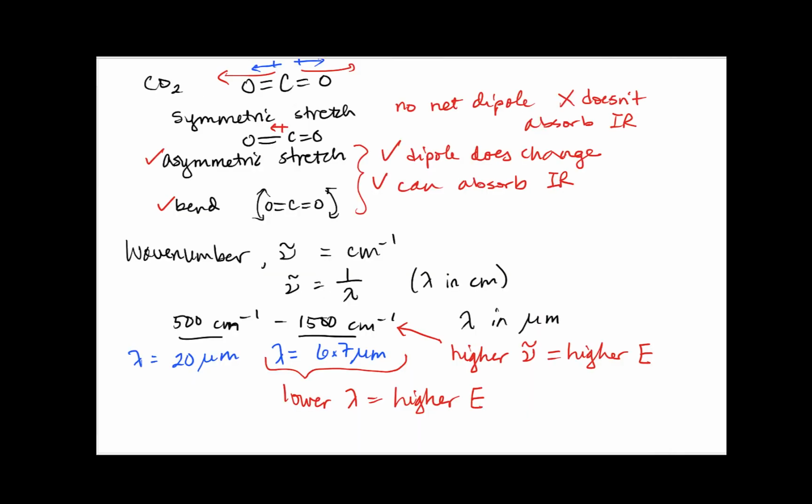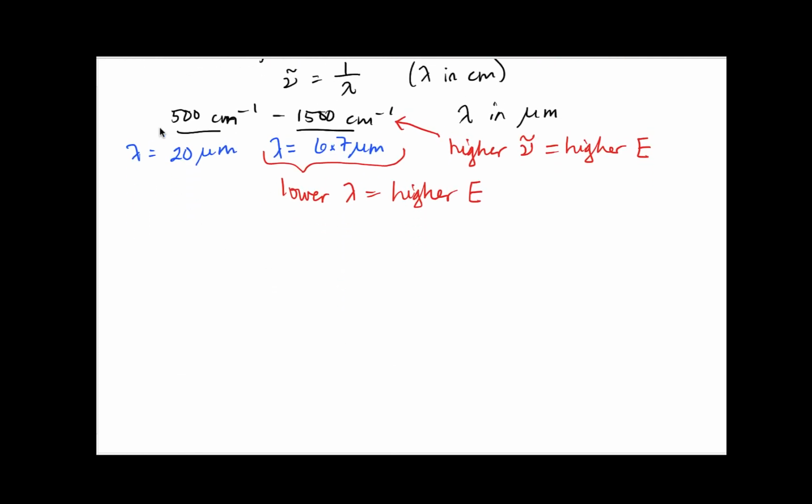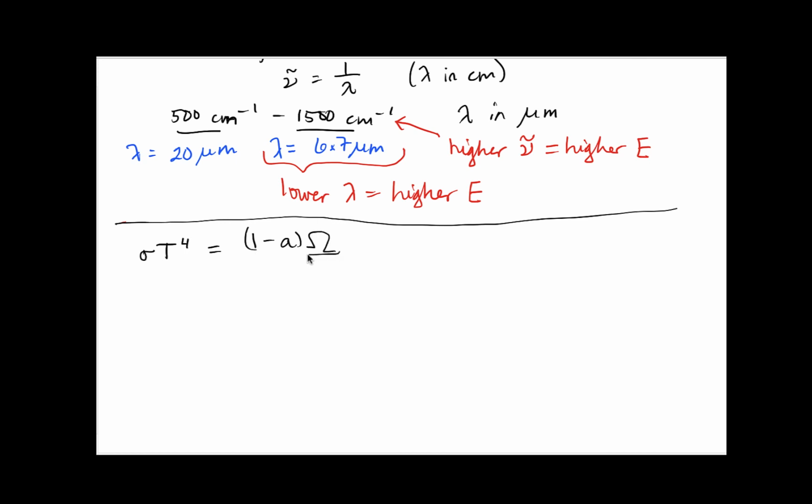We're going to need to have some kind of overall effect for what the changes are to our energy. So remember that our equation before was represented as sigma T to the fourth equals 1 minus A, that was an A, not another sigma, omega over 4.